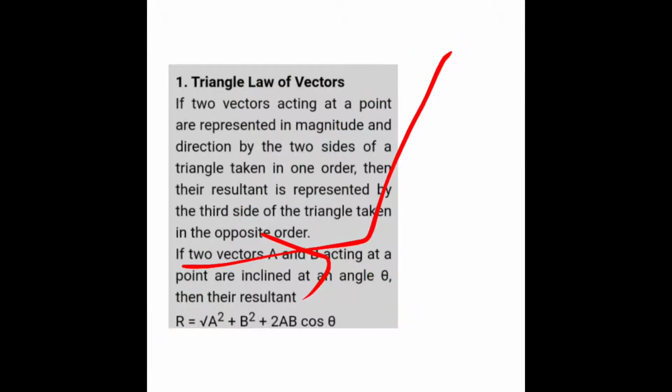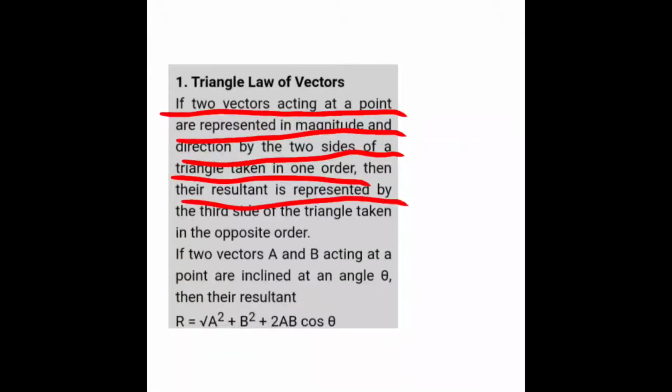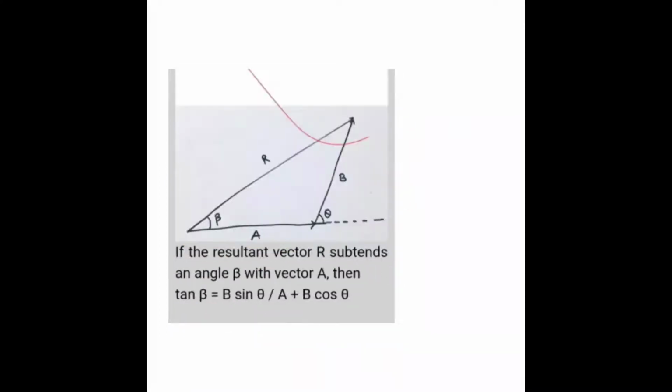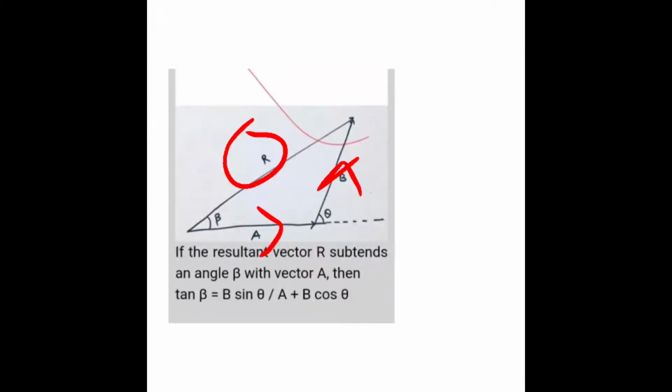If two vectors acting at a point are represented in magnitude and direction by two sides of a triangle taken in one order, then the resultant is represented by the third side of the triangle taken in the opposite order. So you see, this is the triangle law of vector addition. One vector is acting here, one vector is acting here, and the resultant acts as the third side of the triangle.